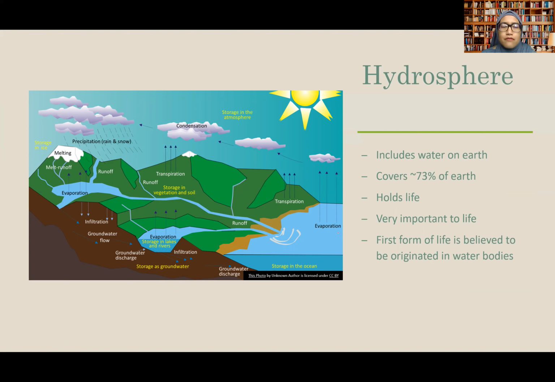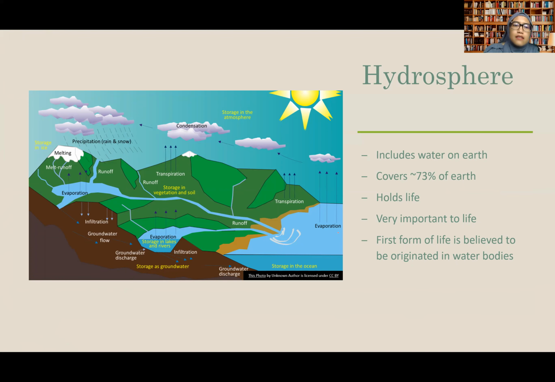It holds life, definitely, because we have life living in all water bodies. At least we will have microorganisms in there, if not fish and prawns and seafood and algae, things like that. It is very important to life, and it is believed that the first form of life originated in water bodies.